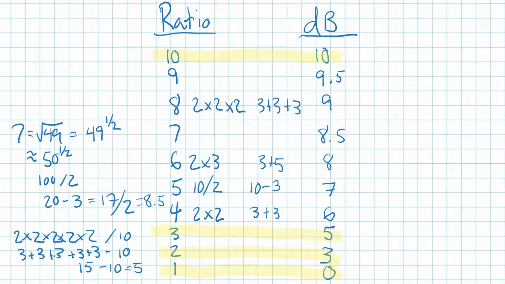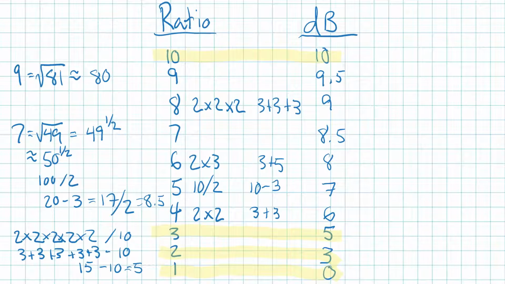And you can do the same thing with 9. 9 can be thought of as the square root of 81, which is pretty close to 80. So maybe I'll leave that as an exercise.